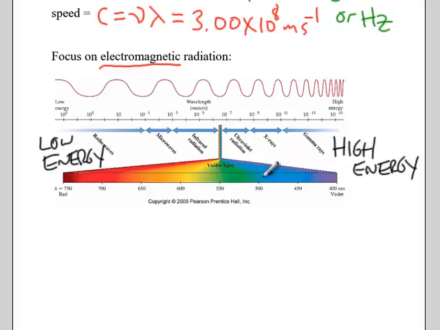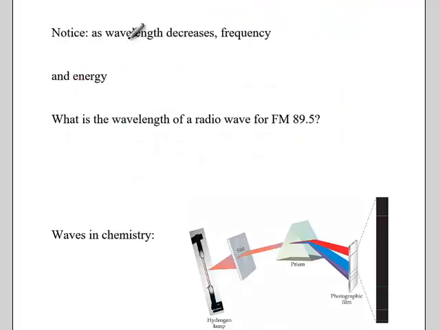This blow-up shows the visible spectrum, which is what we can see with our sense of vision. We can only see from a wavelength of about 750 nanometers to 400 nanometers, which is this tiny little region of electromagnetic radiation. Notice in this formula, the speed is a constant equals frequency times wavelength.